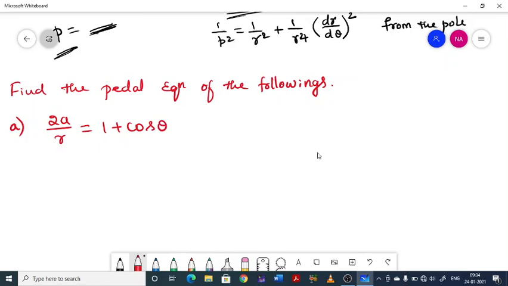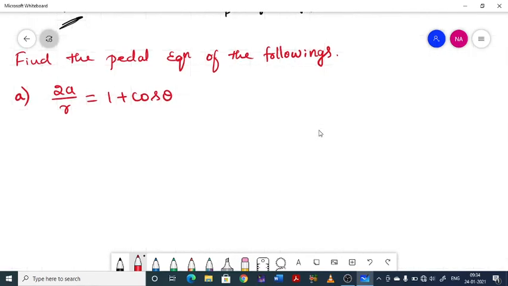See, we already have the equation in terms of r and theta. Now we need to write this in terms of r and p. Solution. See, we have to use this formula, right?